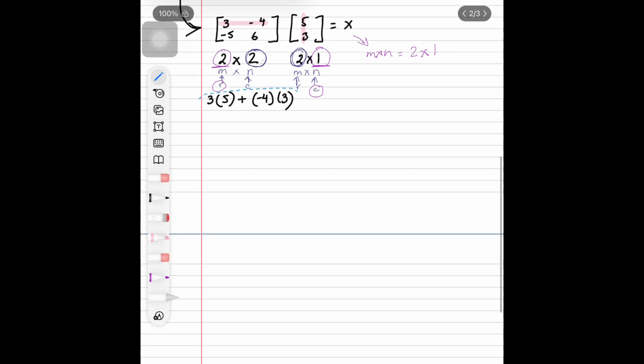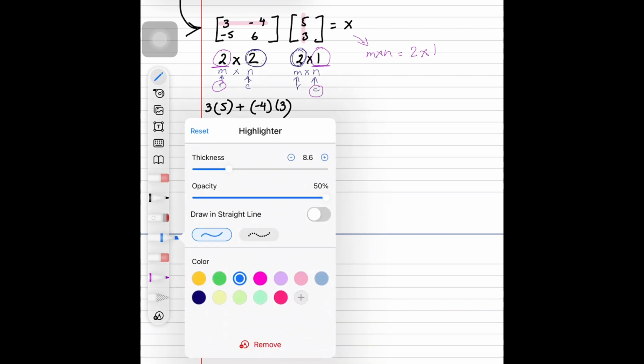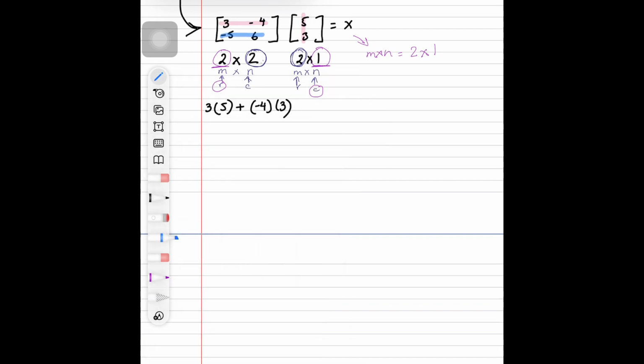So we got 3 times 5 plus -4 times 3. Now let's do the second row times the column, and we get -5 times 5 plus 6 times 3.